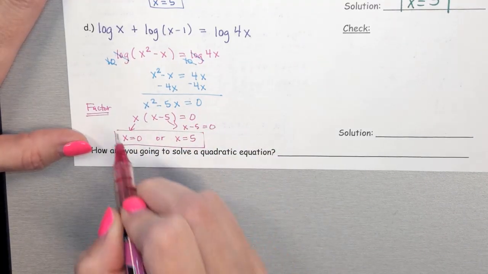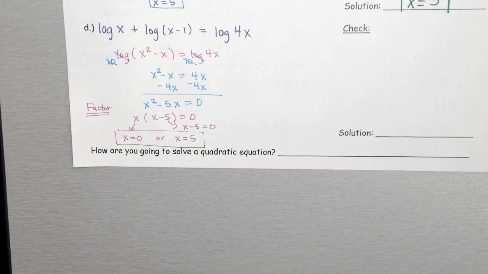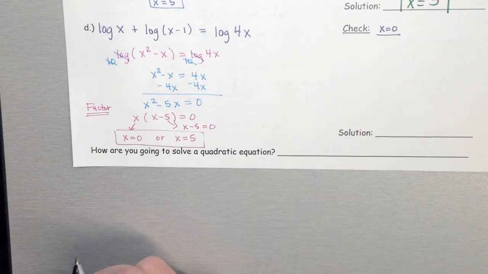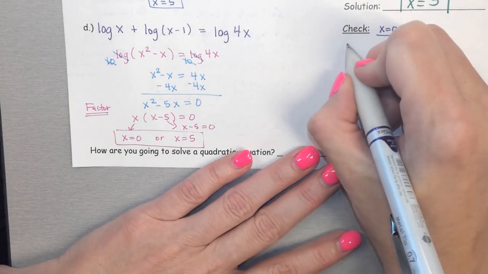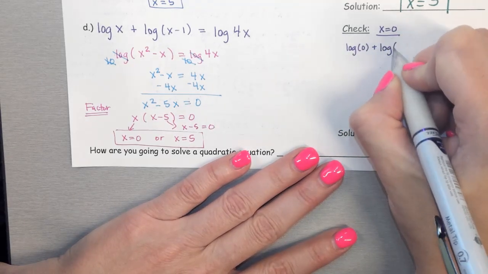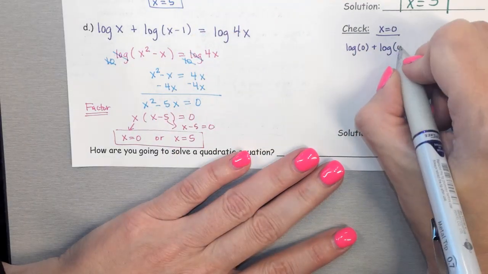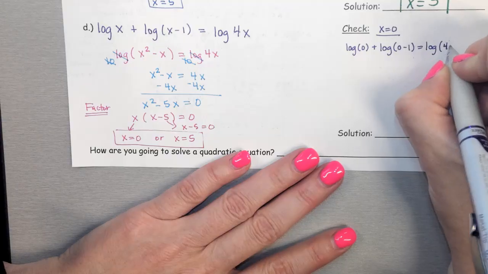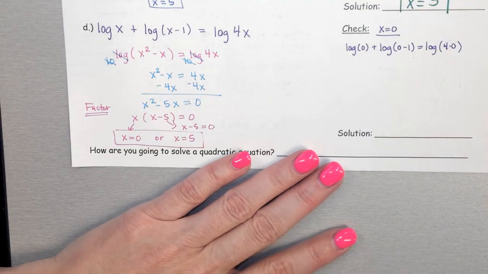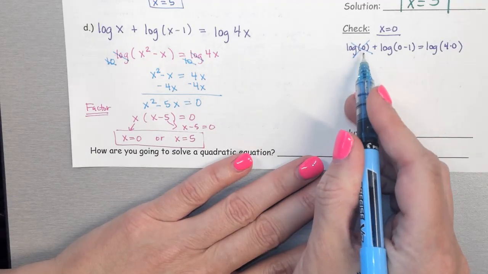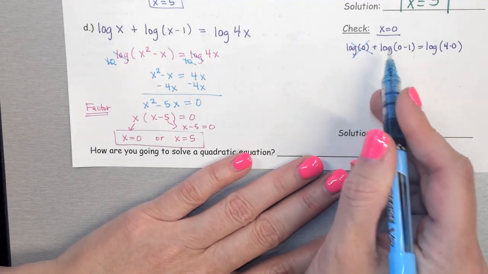Okay, so we are going to have to check both of these. All right, so when you're checking the first one, x is 0, you're going to get the log of 0 plus the log of 0 minus 1 equals the log of 4 times 0. Okay, when that happens, you get the log of 0 here and the log of a negative here.